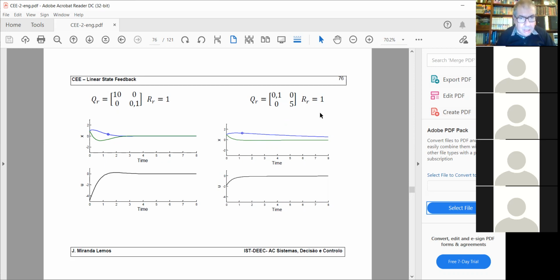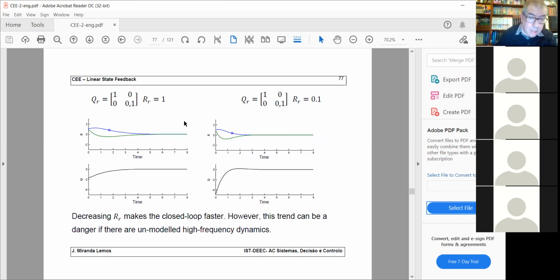Now, what is important here is a relative idea. You can say, what is more important for me, one variable or another variable. Of course, you can also use non-diagonal matrices, but in those cases, you will lose your intuition.